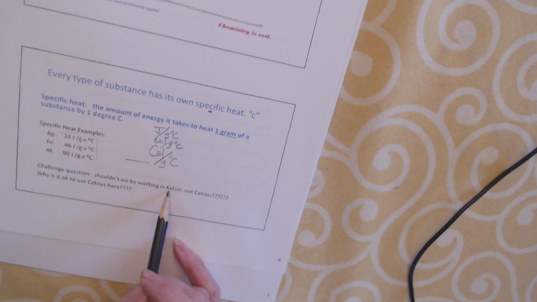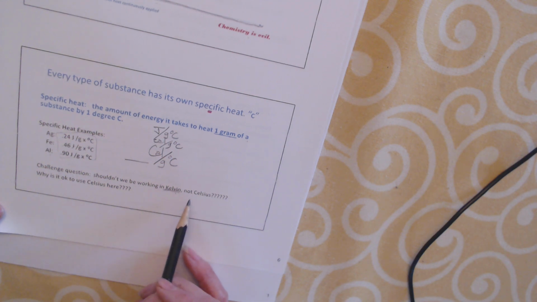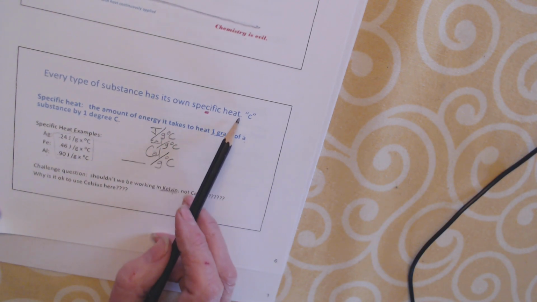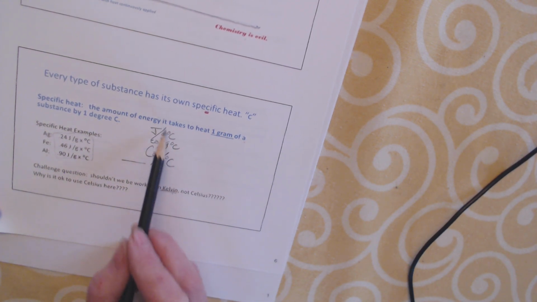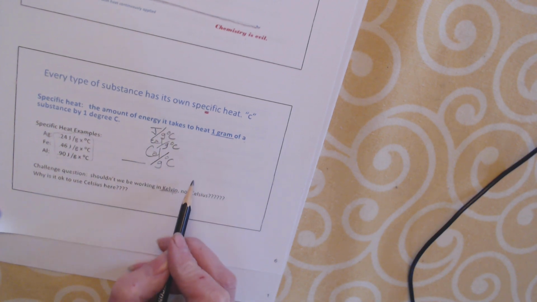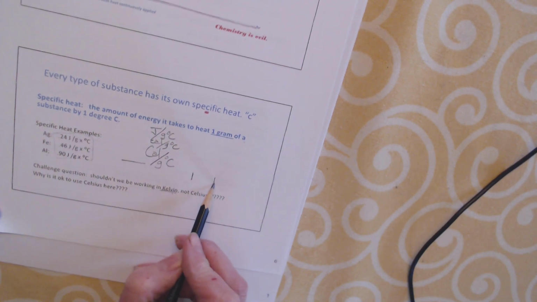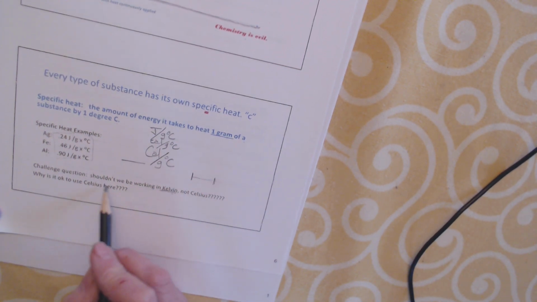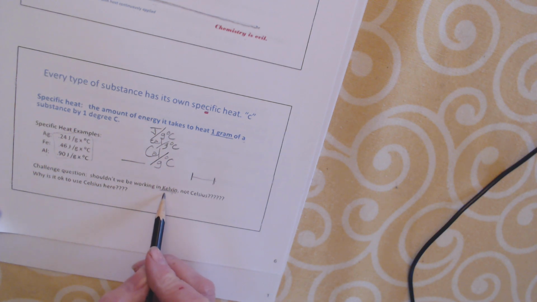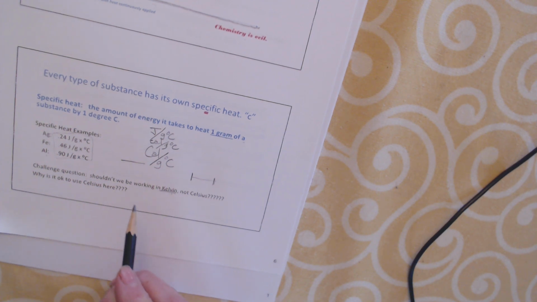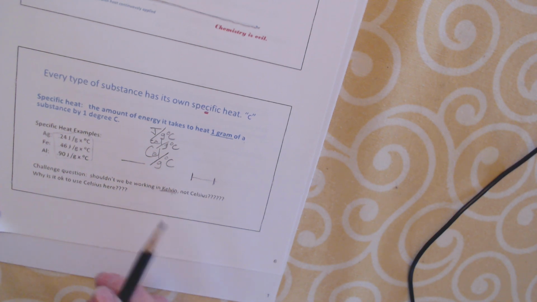All right, so here's my challenge question. Should we be working in Kelvin and not Celsius? After all, we know Kelvin is a standard for everything. And the answer is, when we're talking about amounts of heat, we're just talking about very specific values. We had to be in kelvins in the gas law because we were talking about proportions, right? And therefore our proportions had to be relative to absolute zero.